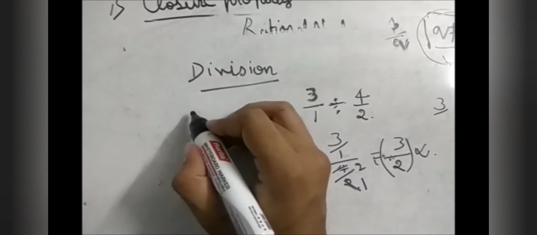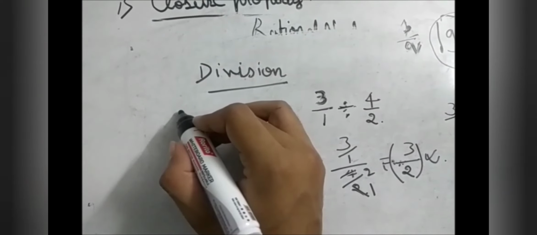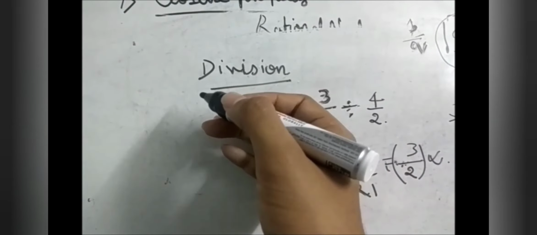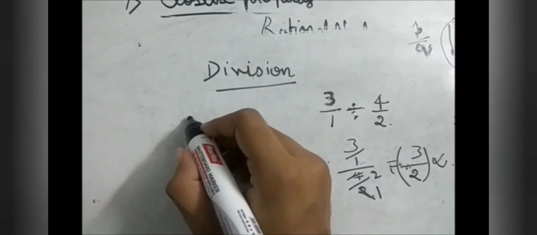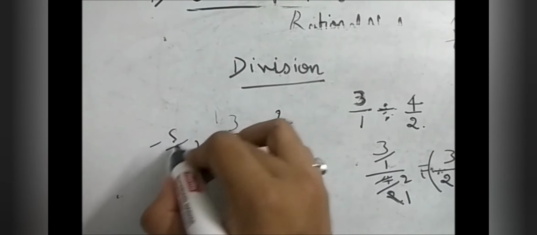As I had mentioned earlier, we can write any integer or whole number or natural number in the form of a rational number. For example, as I showed, 3 can be written as 3 by 1, 2 can be written as 2 by 1, minus 5 can be written as minus 5 by 1. Everything can be represented in the form of a rational number.